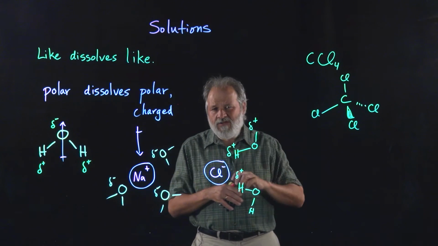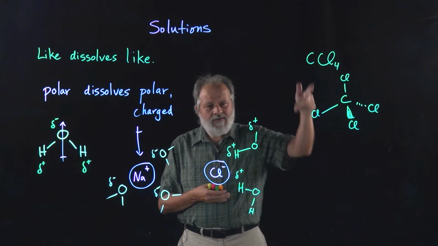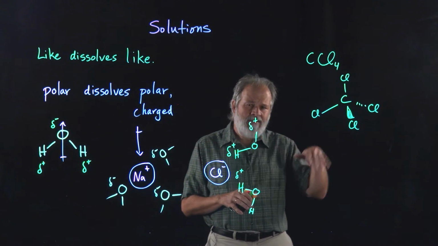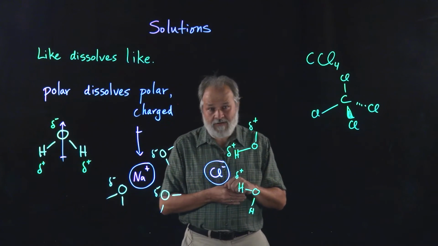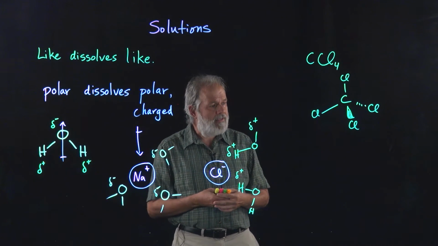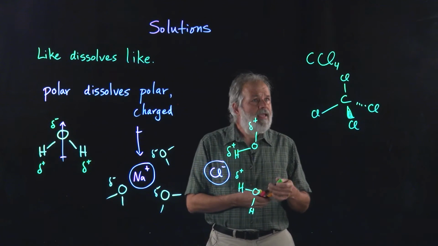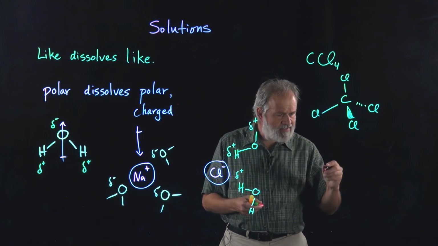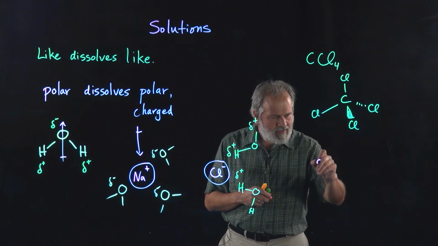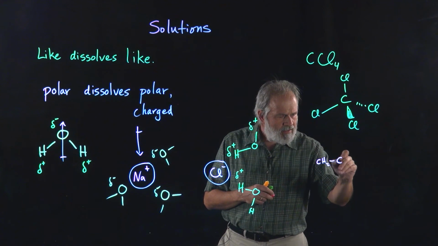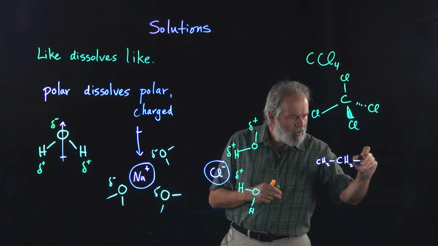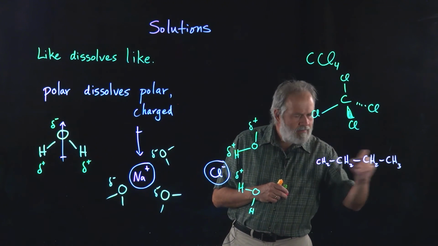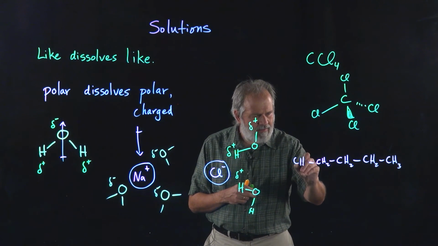This is what they actually used to use in dry cleaners, but it turns out that this produces chlorine atoms in the ozone layer, depletes ozone, so they replace some of those solvents with other nonpolar solvents. And so this will dissolve other substances such as grease. So you can have some long chain hydrocarbon like pentane or something like that.